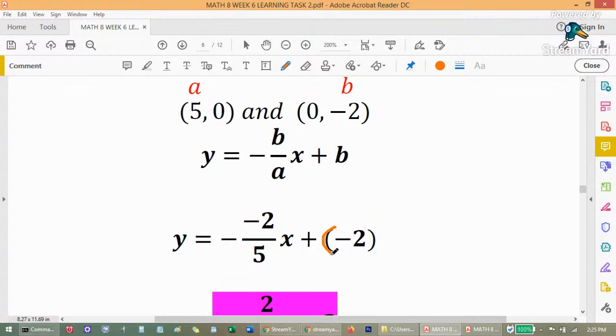But, babalutan natin ng parenthesis, kasi negative. Pero kung positive to, walang problema. Sulat natin plus 2 na lang kagad, diretso. Okay, so yun lang ang pinalitan natin, ano? B, tsaka A, tsaka B. The rest is pareho lang.